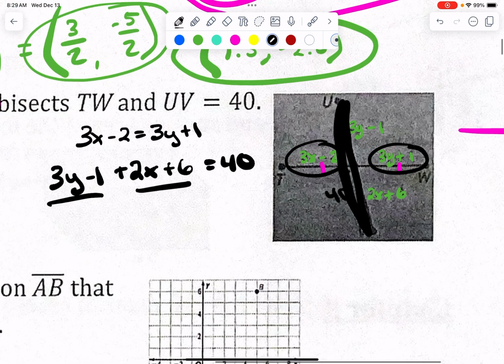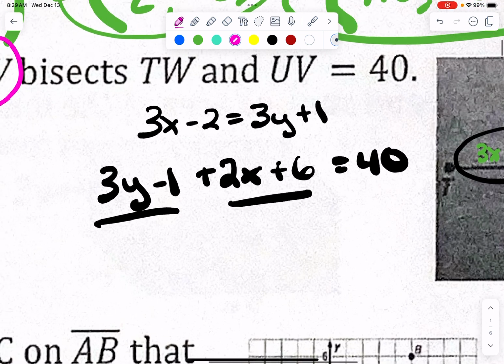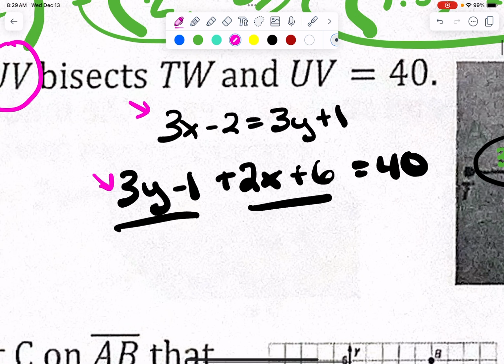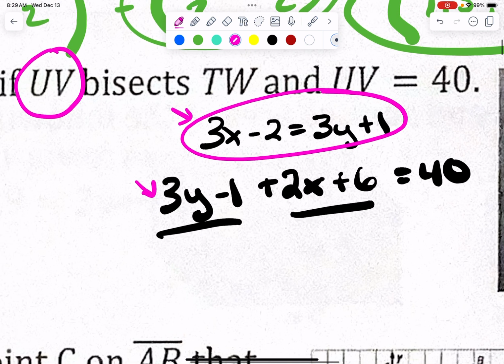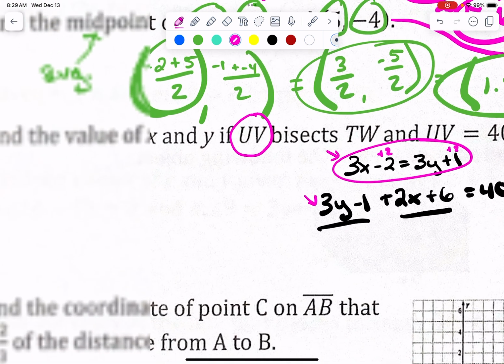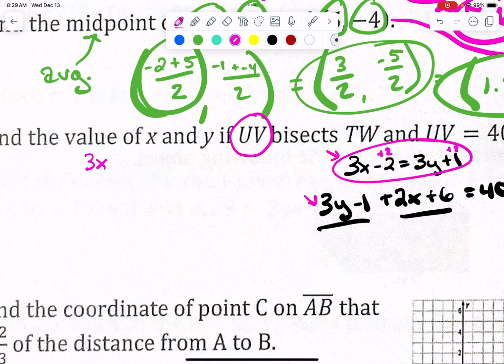I'm trying to think of how we want to do this. We've got two equations, so let's solve this one for x. If I get the x by itself, I add the 2 over, so I have 3x equals 3y plus 3. Then if I divide by 3, x equals y plus 1.